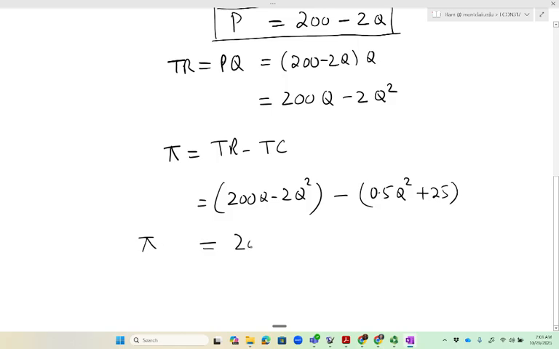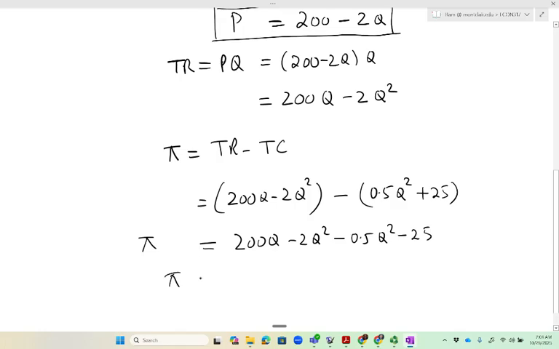So I have 200Q minus 2Q square. I have negative in front of the parenthesis, so if I remove the parenthesis, each term sign will be reversed. So if there is no sign here, it is positive, so positive will become negative. So minus 0.5Q square, minus times plus is minus 25.